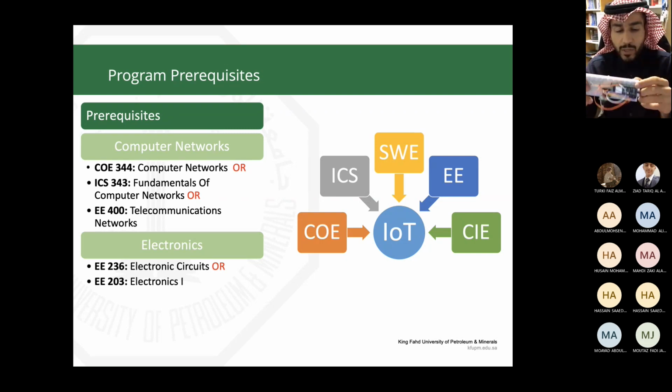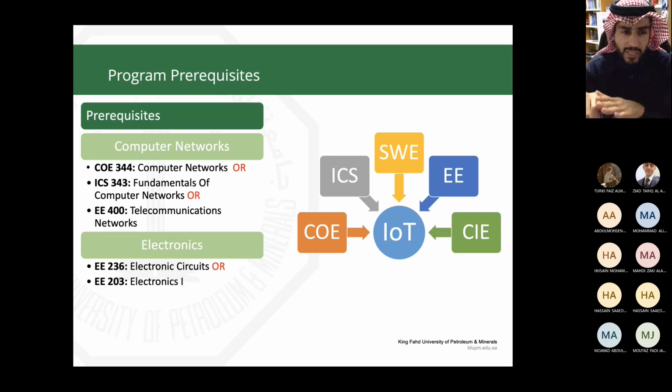So when we talk about networking in IoT, what we're focusing on is how to make these work for a long time without running out of battery, while keeping in mind that you have an application that needs to transmit data all the time. So we only focus on networking as far as IoT is concerned. In computer networks, they talk about networking in general, for IoT and non-IoT.